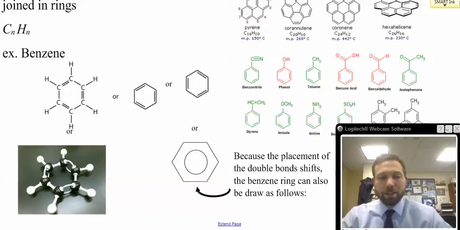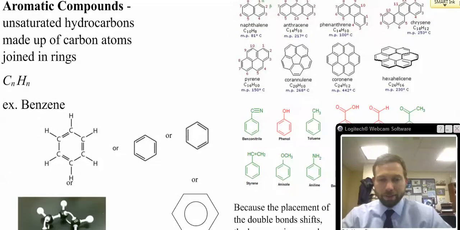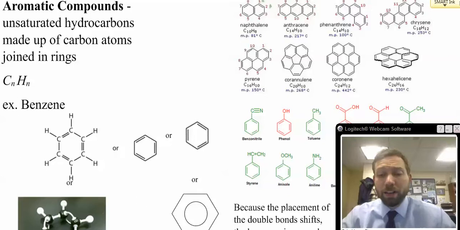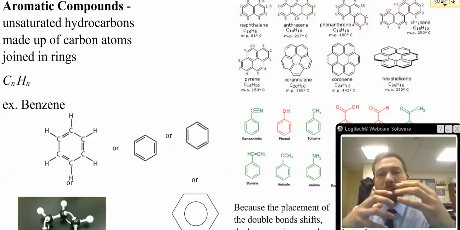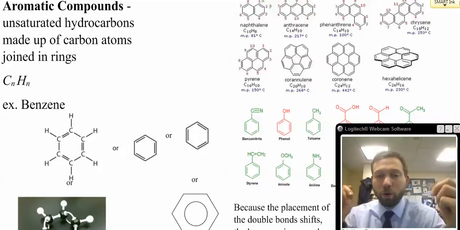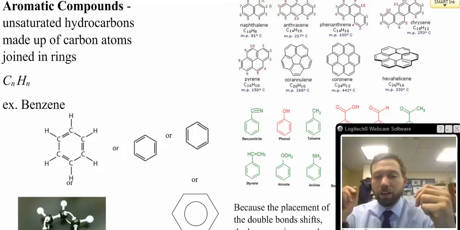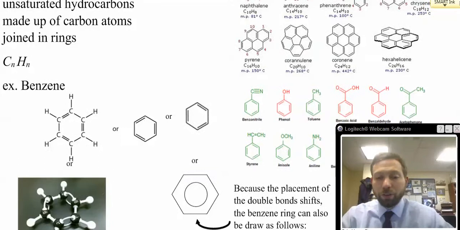Now with benzene, you don't have to memorize any of these different examples that I have on the right, but it's good to note that benzene is a builder molecule. We can take this structure of benzene and add other benzenes to make naphthalene or anthracene, or you can add hydroxide groups, OH, to make phenol, or CH3 to make toluene, and all of these are great for many different reasons.